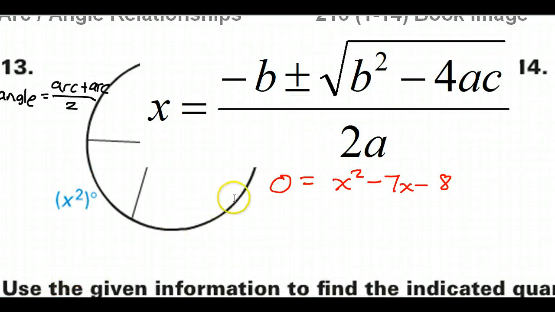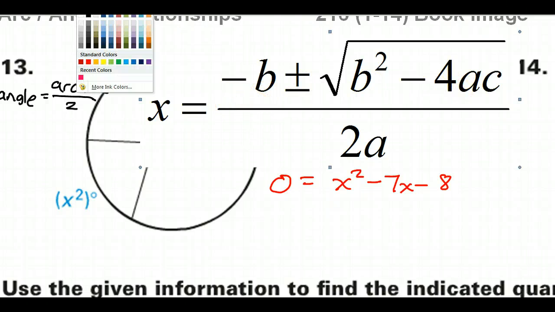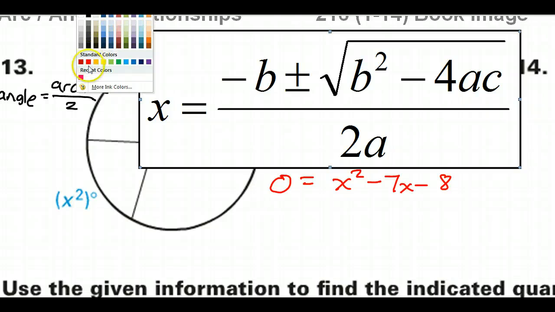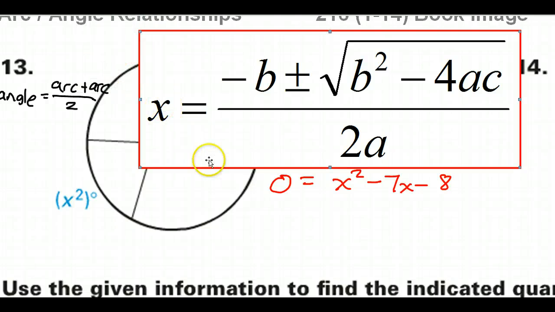Alright, so it's time to do the quadratic formula. And here it is. If I want the solution here, let me just put a line around this or something. If I want the solution, I need to know what A, B, and C is, and I need to plug them into this formula.